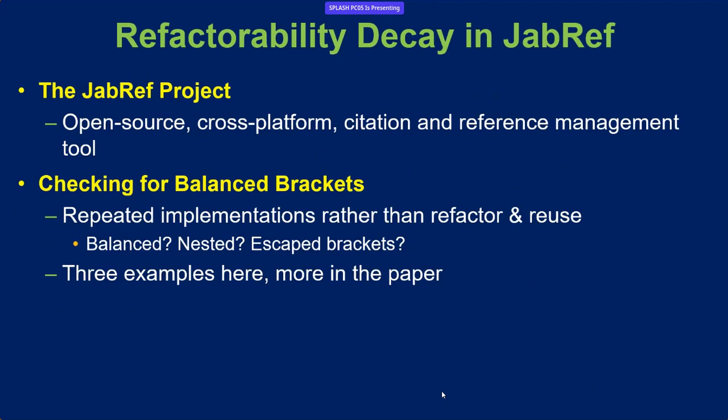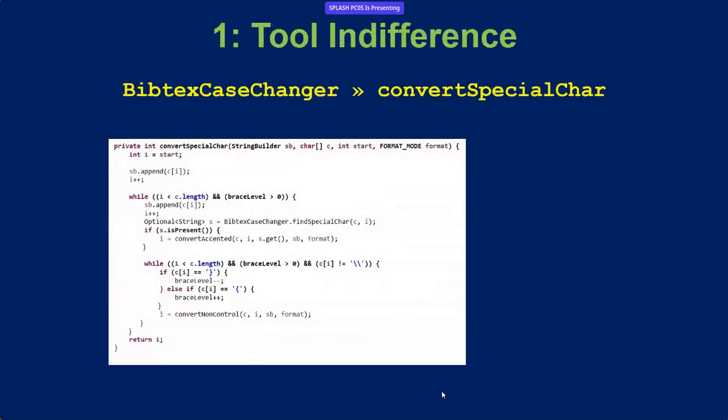What is surprising to find out is that this functionality is being re-implemented over and over again rather than refactored and reused. And I'll show you just 3 examples on why refactoring is so difficult. There are 6 more examples in the paper, and in the code itself, you can find many more examples of checking balanced brackets. The first example I'll show you is where the tool doesn't help you.